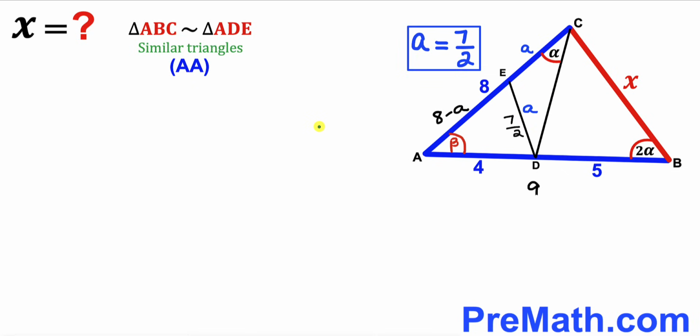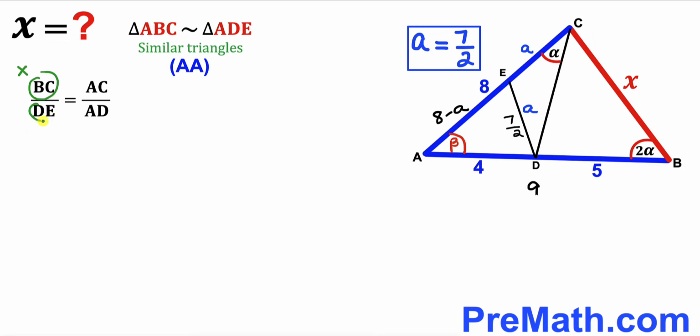And now let's recall once again that these two triangles are similar. So therefore we are going to have another proportion. In other words, the ratio of the side lengths BC and DE must be equal to the ratio of the side lengths AC and AD. And now we know our BC side length is X. So I'm going to replace that one with X over here.